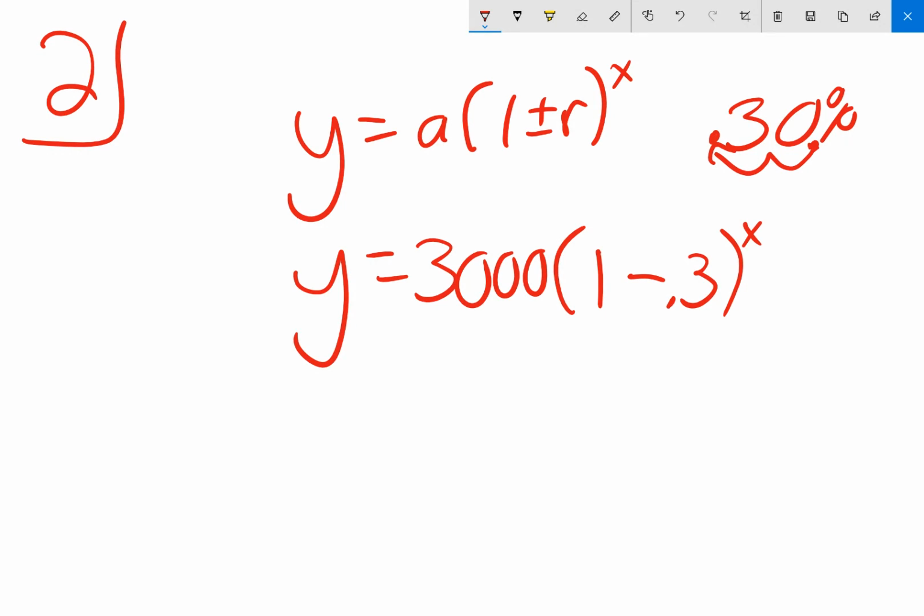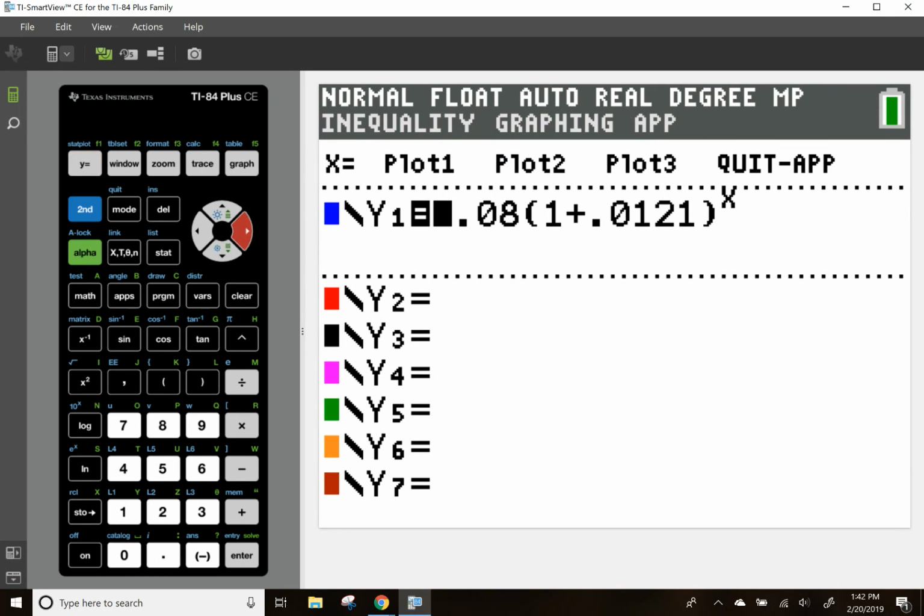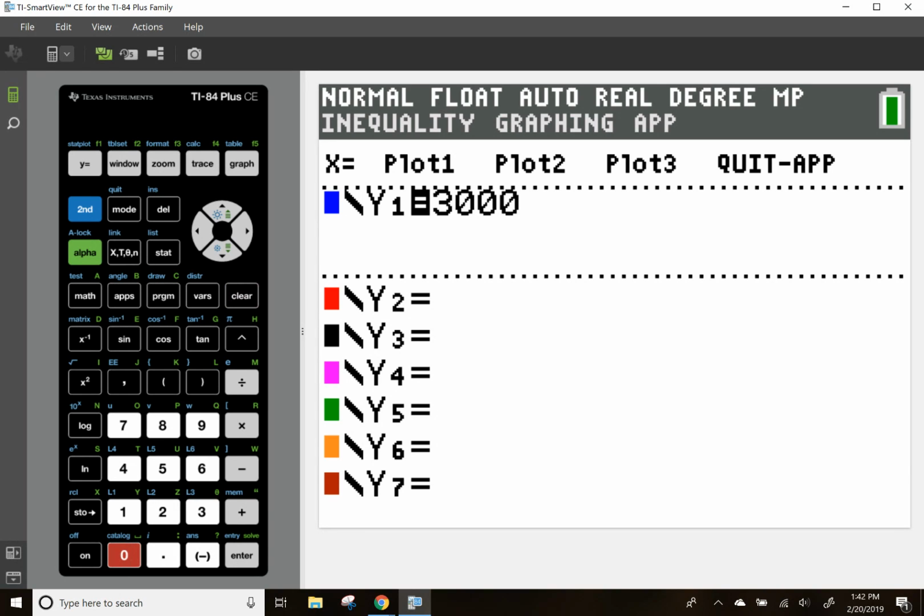We know it's decay because it says the value is decreasing. And you can do the same thing in the calculator to find out what the value is after 4 years. So go back to our calculator and we'll go to our y equals. We'll clear this and we'll type in this equation. So we have the 3,000, 1 minus 0.3 to the x power.